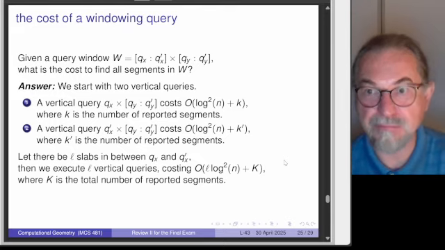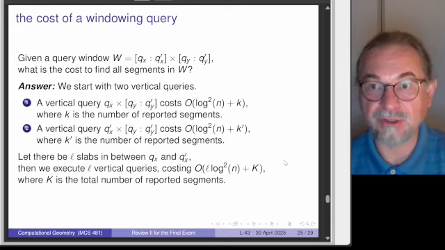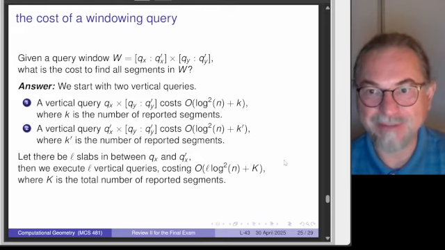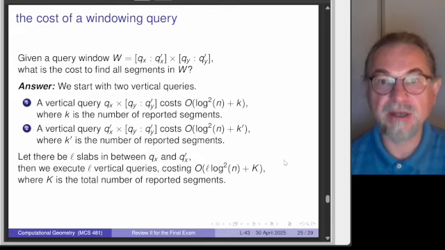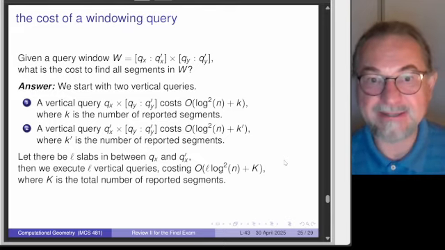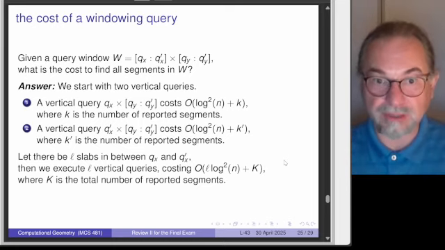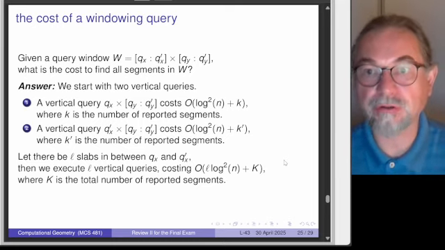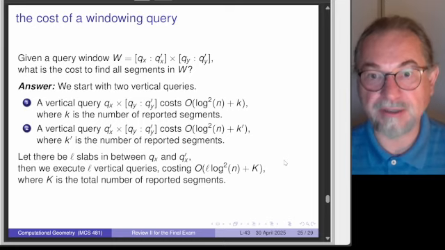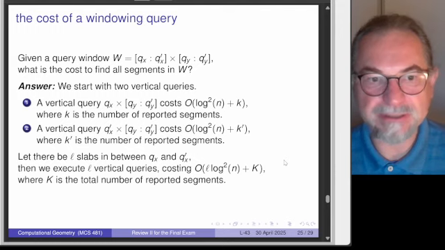And I'm actually multiplying the cost for one query times the number of intermediate slabs that we have to investigate, or actually the total number of slabs, if you like. The big K is the sum of all the output that you get, or actually the total output. So you get a bound that is proportional to the square of the logarithm of the total number of line segments.